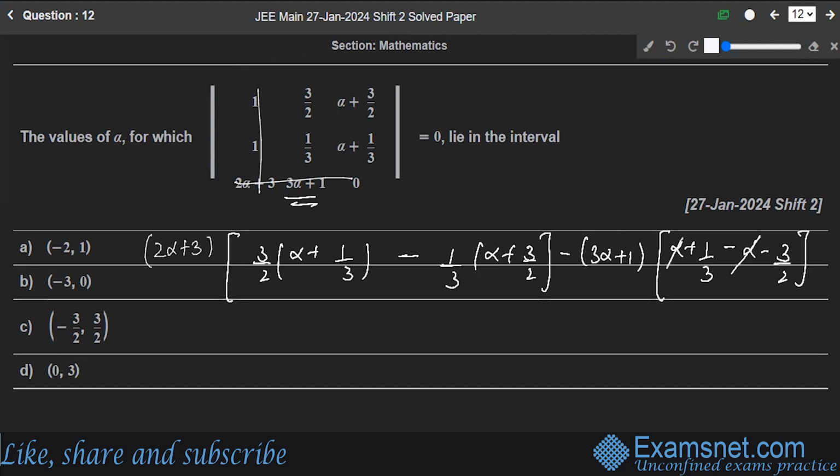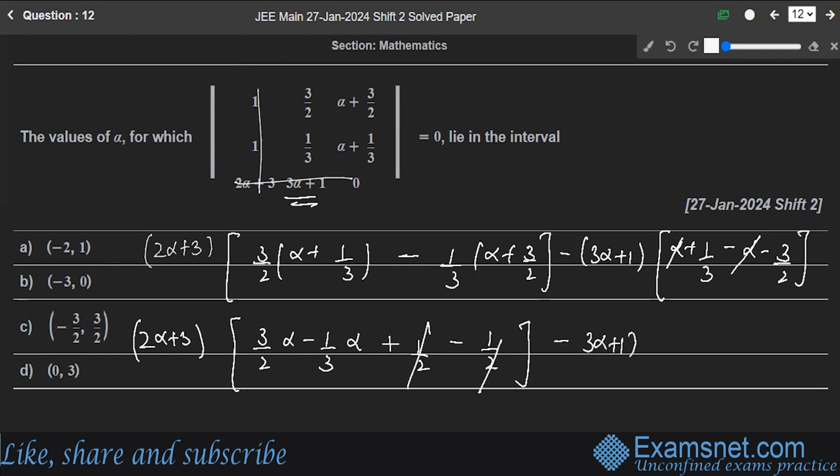This will cancel and you will have 2 alpha plus 3 multiply 3 by 2 alpha minus 1 by 3 alpha plus 1 by 2 minus 1 by 2. This will cancel, minus 3 alpha plus 1. This will be 1 by 3 minus 3 by 2.